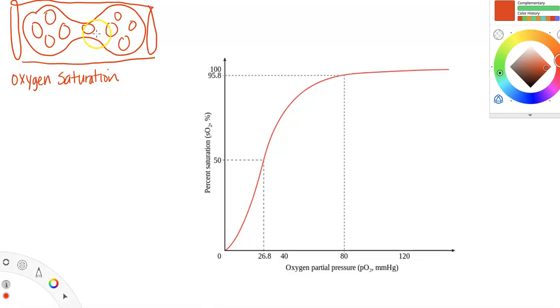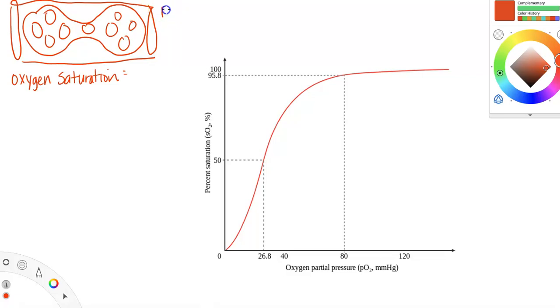So if there's 10 of these in here and 5 of them are full with oxygen, then it's 50% saturated. If only one of them is full, it's 10% saturated. Okay. So the saturation of oxygen onto hemoglobin has much to do with the partial pressure.